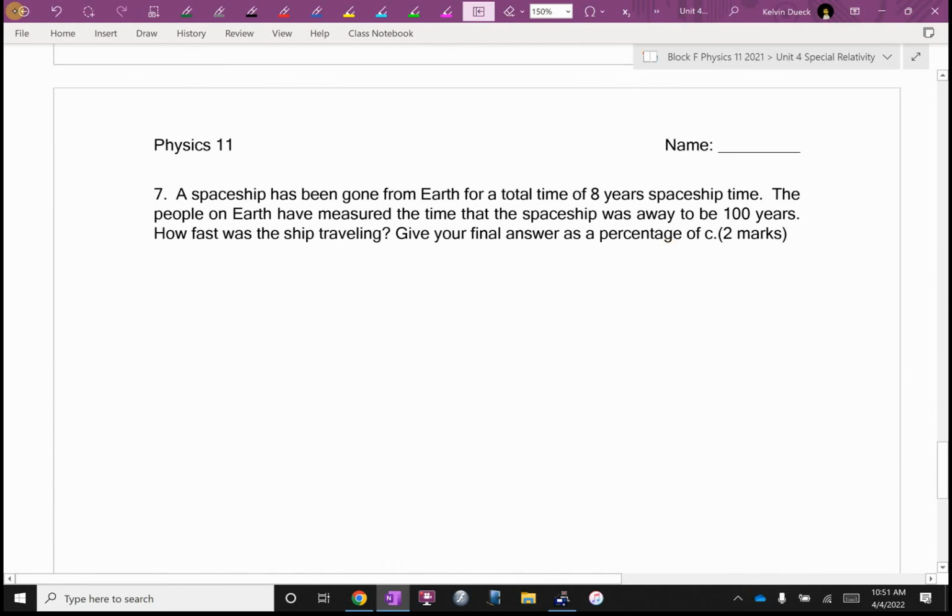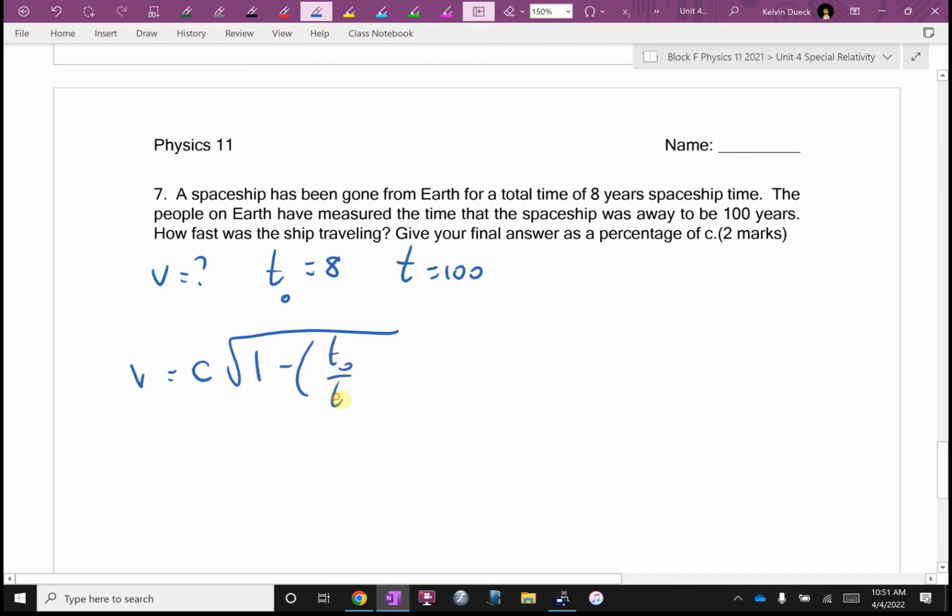Now it wants a speed. Okay. That must mean they gave me time on board the spaceship. Yep, 8. That must mean they gave me time back home on Earth. Yep, 100. Okay, V equals C times the square root of 1 minus T0 over T all squared.